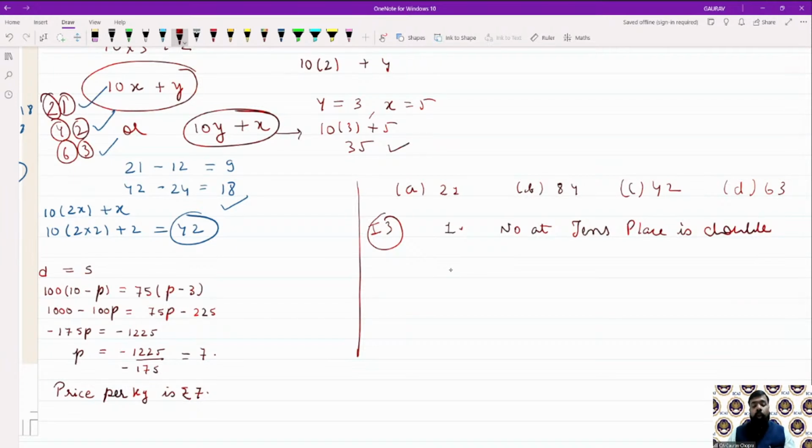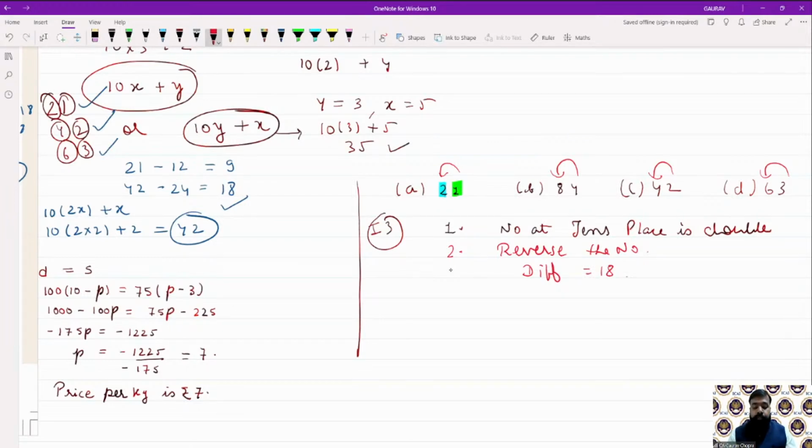So if we see, all the options follow this condition, like 2 and 1. Here clearly 2 is double of 1, 8 is double of 4, 4 is double of 2, 6 is double of 3. So each and every option satisfies the first condition. Now we have to check the second condition. The second says if we reverse the number, then the difference is 18.